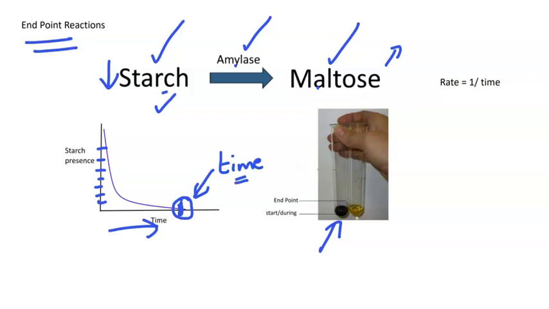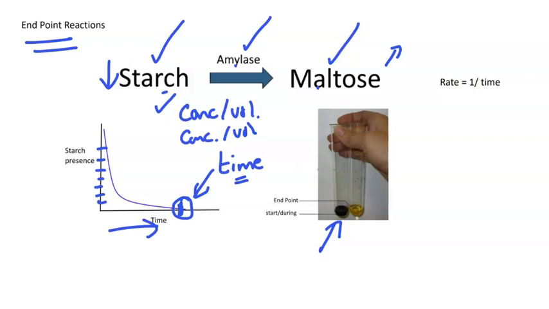Now the problem with this type of experiment is that the length of reaction is so long that the conditions which you have set up experimentally, such as the concentration of the starch, the volume of the starch, the concentration of the enzyme, and the volume of the enzyme, have changed during the course of the experiment.